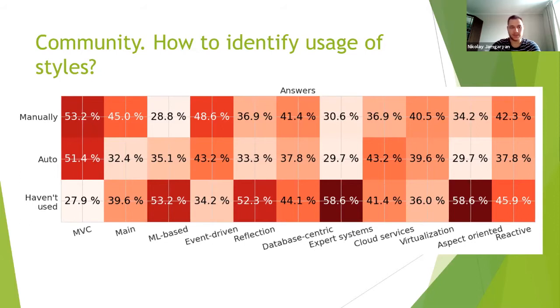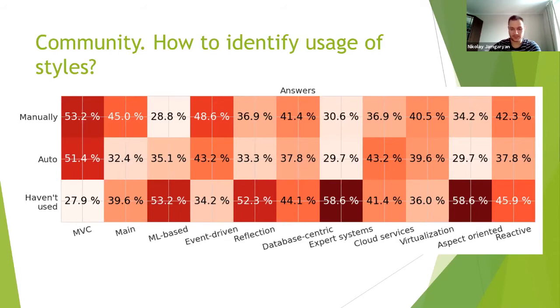However, a prevalent amount of them think that styles cannot be identified automatically, and only about a third think that they can't even identify styles manually. So what can we conclude for now? We can conclude that developers apply and value the concepts of architecture styles, but they are not so sure about the identification of these styles.